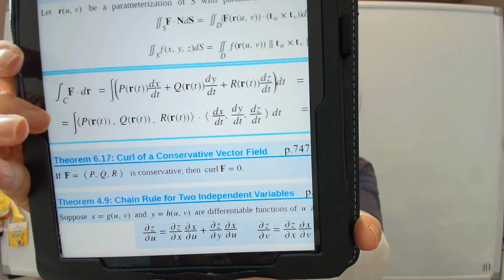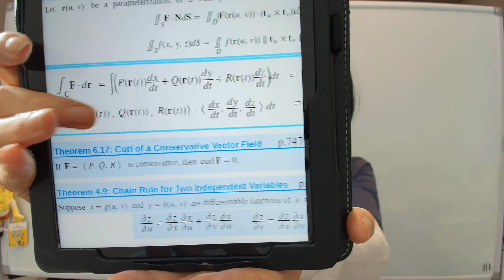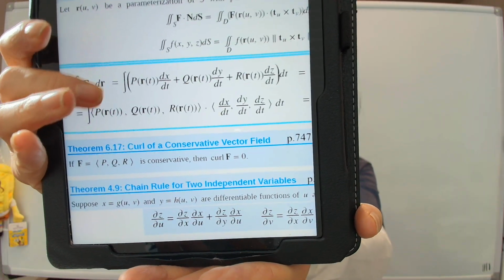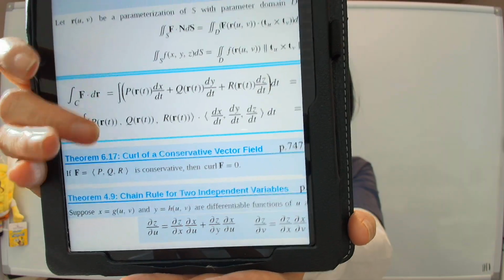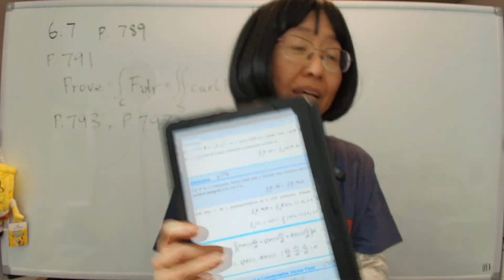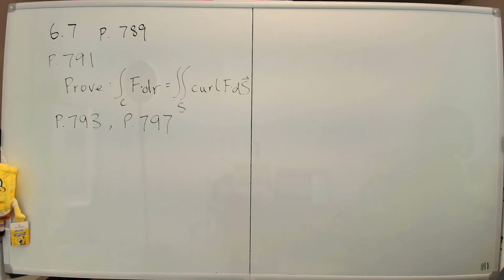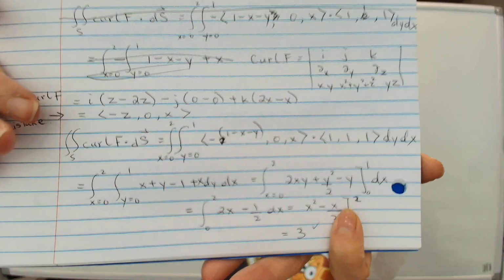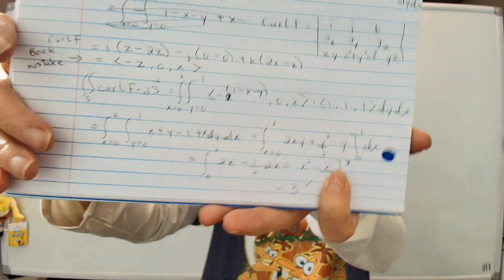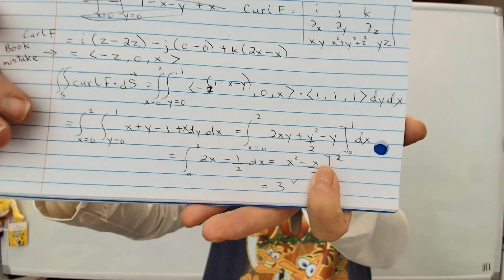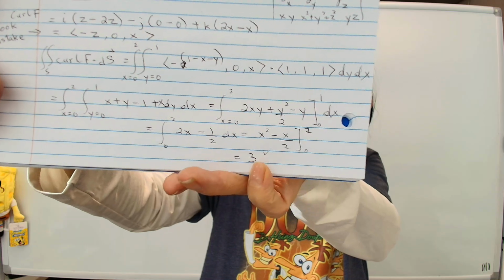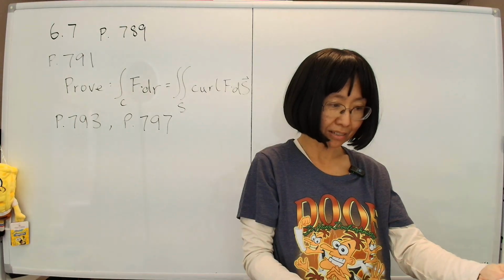That is, you take this step first, plugging in r(t) into P, Q, and R, and once you plug it in, then you do the dot product, which is multiply and then add them together. That's what we're doing right here. Then we multiply stuff together, which becomes some integration. If everything looks well, we end up with the number 3, which is the right answer.